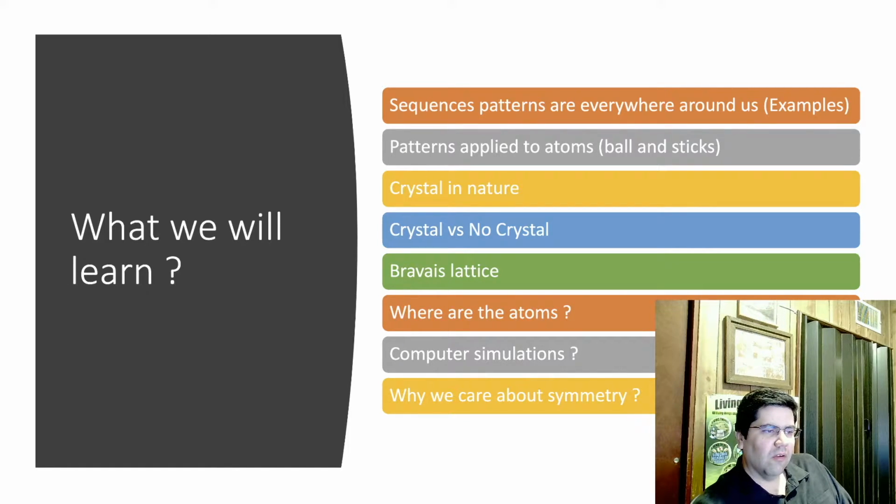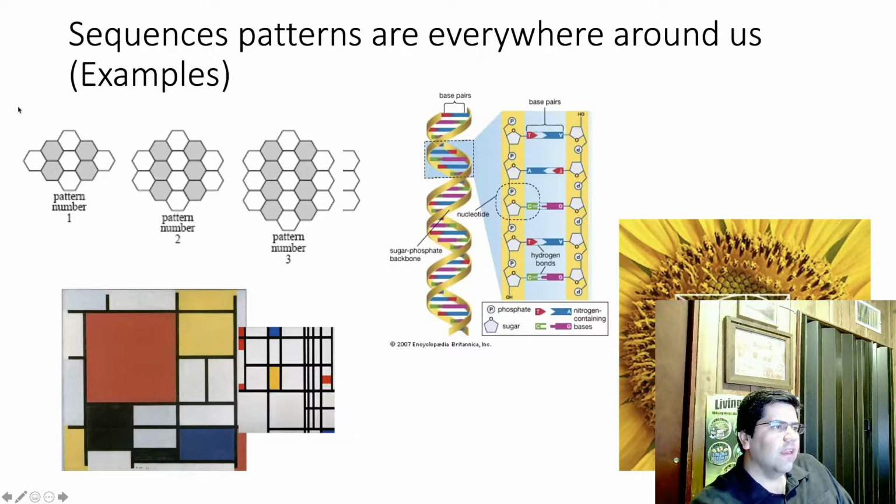Then we're going to go into how to define a crystal, and I'm going to put an easy way to define what a crystal is, based on the Bravais Lattice.